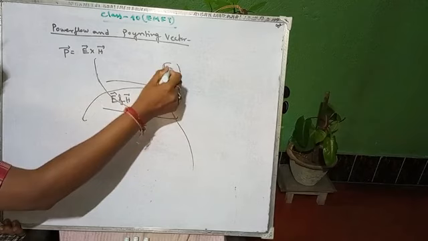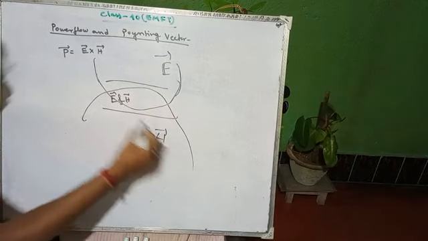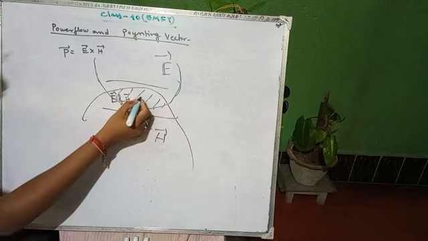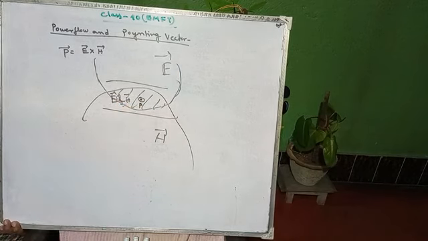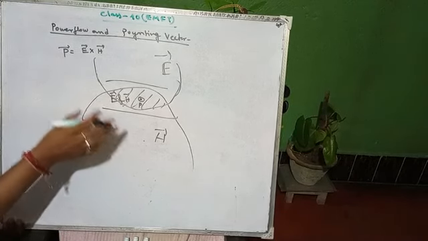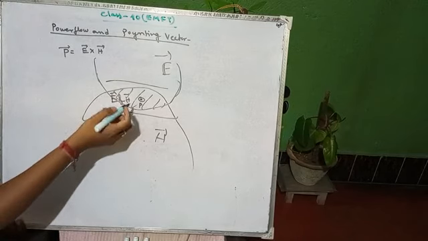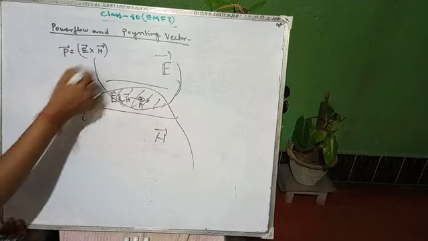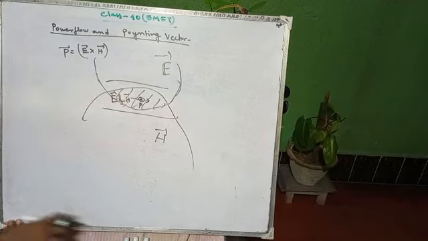Suppose this is the E field and this is the H field. Over this region there is a combination of E and H. If we take a point P here, and we want to calculate the power flow, the amount of energy flowing through this point, it can be calculated by using the cross product, or vector product, of E and H.